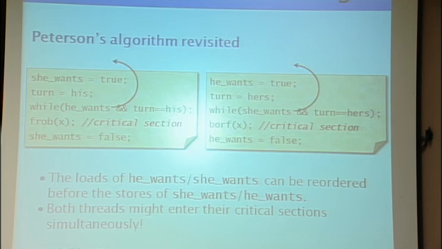So if we do the turn equals his... I have to think about that. I don't know about you folks, but I find this stuff really hard to think about, and so do most people, I think.